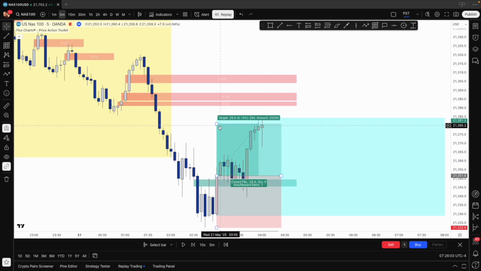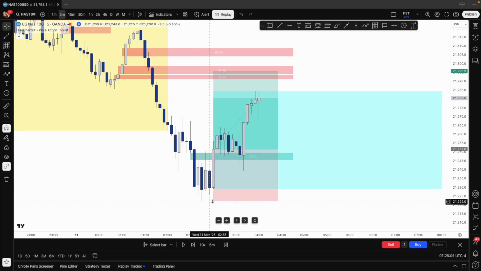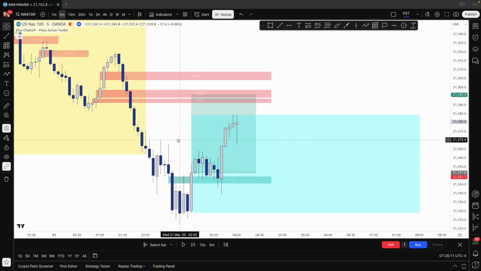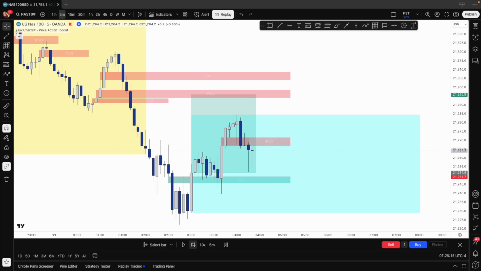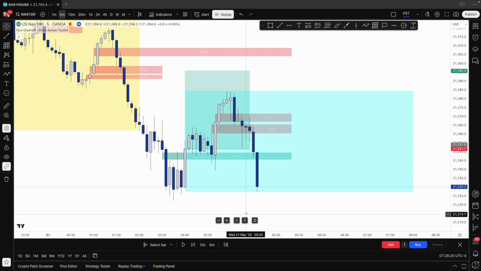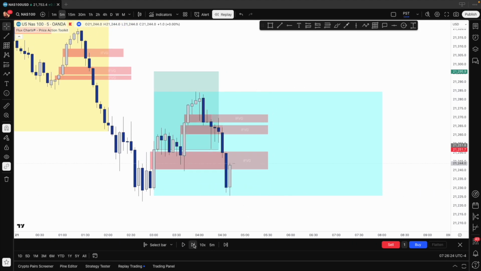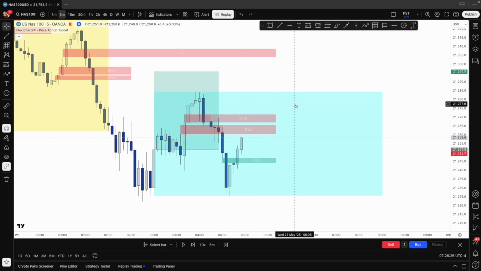There we have our break even, and then we can target a fixed 1.5. So we have a break even right over here. Let's see if we get our TP. Almost stopped out, and we got stopped out at break even. Let's see if we get another entry. There we go.